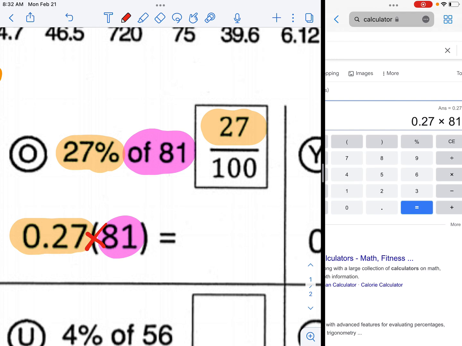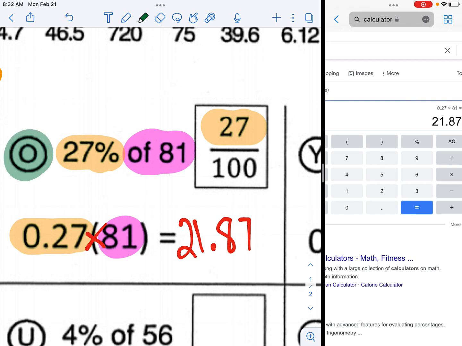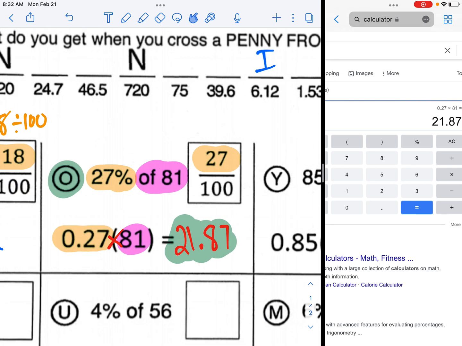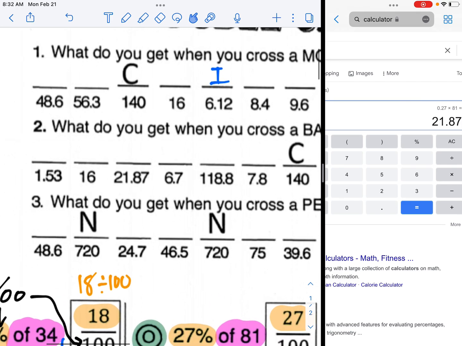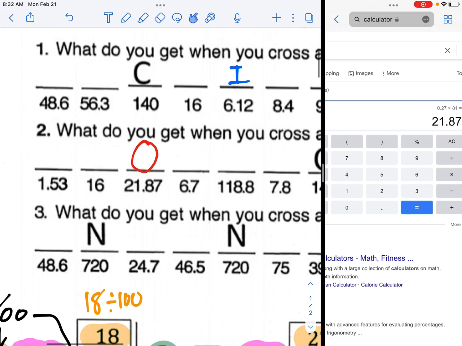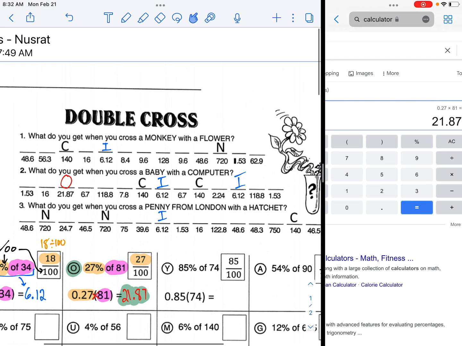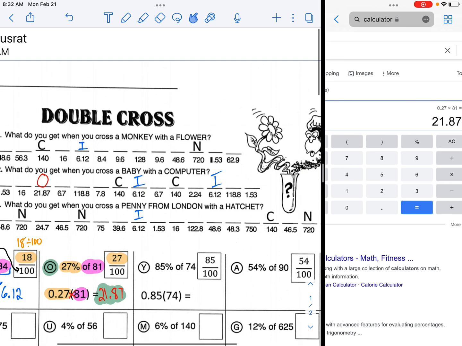Times 81 equals 21 and 87 hundredths. So anywhere I see the answer 21 and 87 hundredths, I'm going to put an O. If I do this up on top and I can't see my answer even one time, then I know that I did something wrong. But if it's there just one time, I did something right.